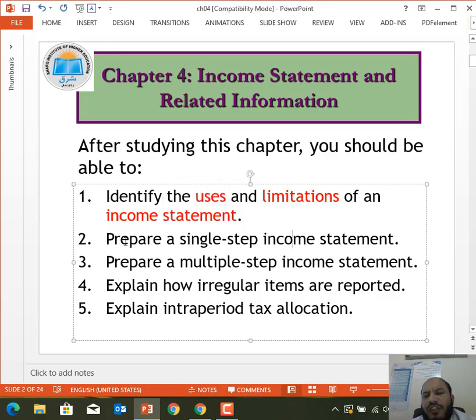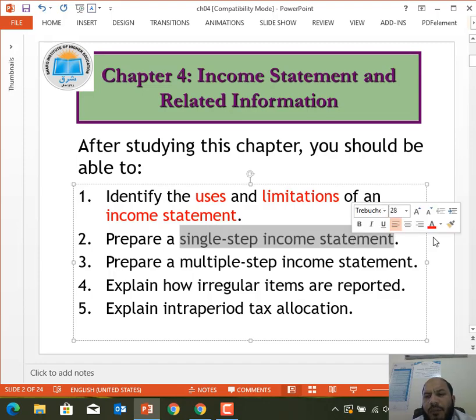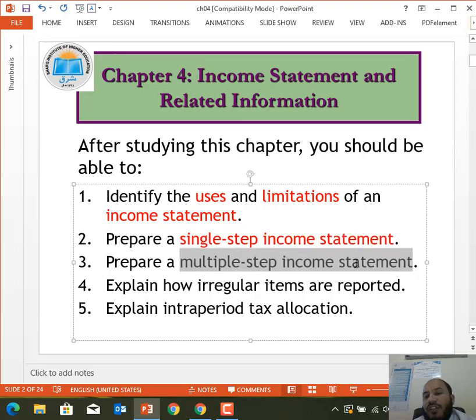Dear students, in our first semester we have learned how to prepare the single step income statement. You have learned this single step income statement, and once again we will explain it. You will also be able to prepare the multiple step income statement, which is like an advanced type of income statement.